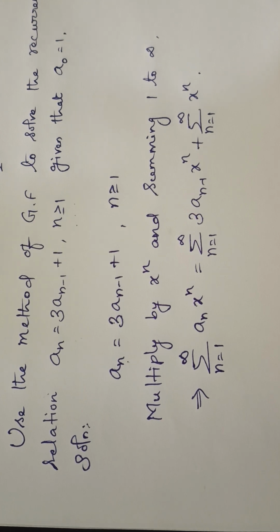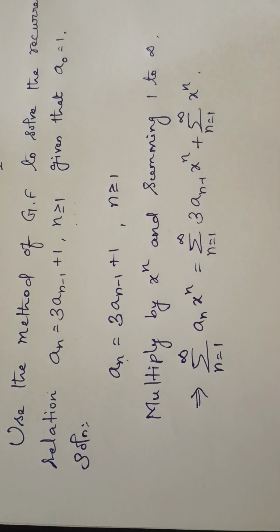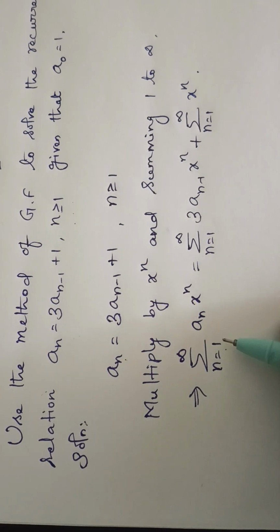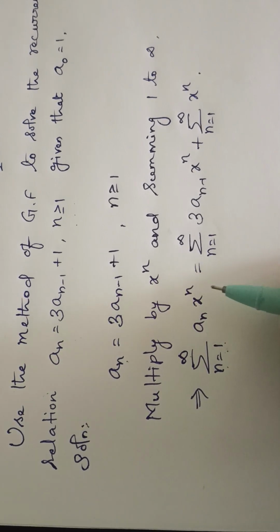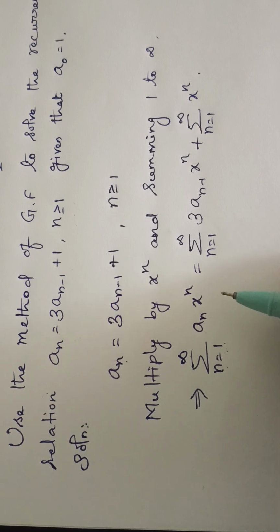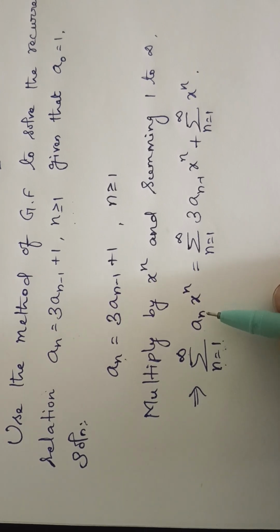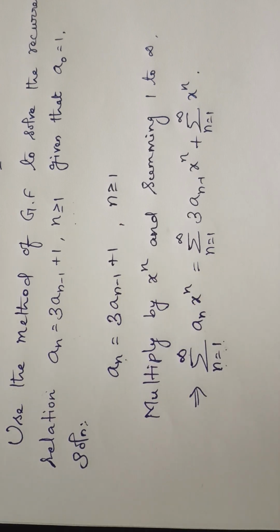But our generating function condition is what? n value starts from 0. Suppose n is equal to 1 to infinity here. Substituting, the series a1 x power 1 plus a2 x power 2 will come. So along with a1 x we need an extra a naught.